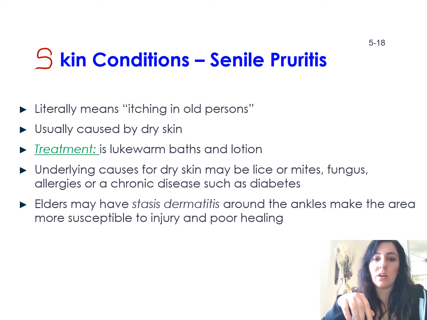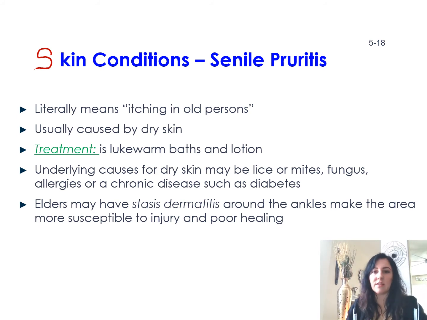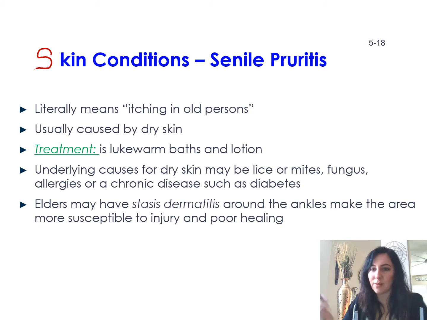So many older adults may have stasis dermatitis around the ankles, an area which is more susceptible to injury and poor healing. They're more susceptible to getting cuts, like stubbing your toe on the corner of the wall or the table, right? If it breaks the skin and you have diabetes, your skin is probably not going to heal. You're going to have terrible healing.